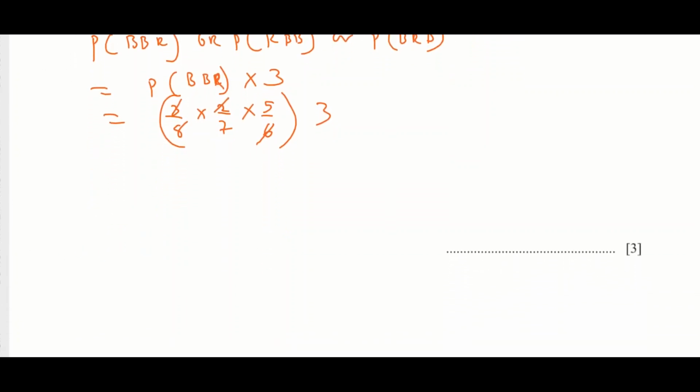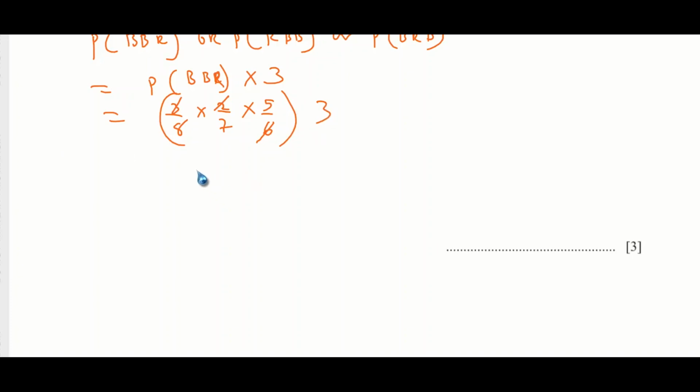You are left with 5 times 3 over 8 times 7. So this is 15 out of 8 times 7, that is 56. So you have 15 out of 56 as the answer. Okay, so let's go to the next question.